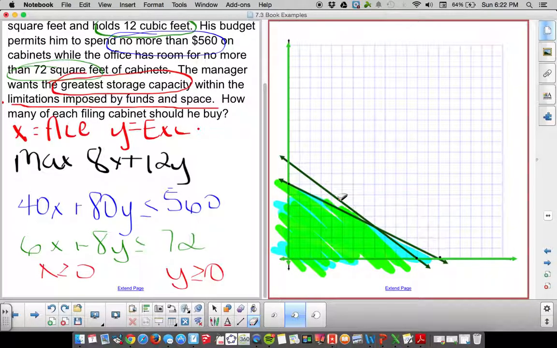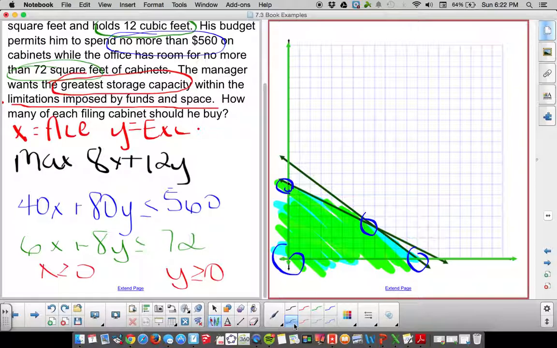So I know I don't have these regions, but I do have this quadrilateral region here with the following corners: here, here, here, and here.